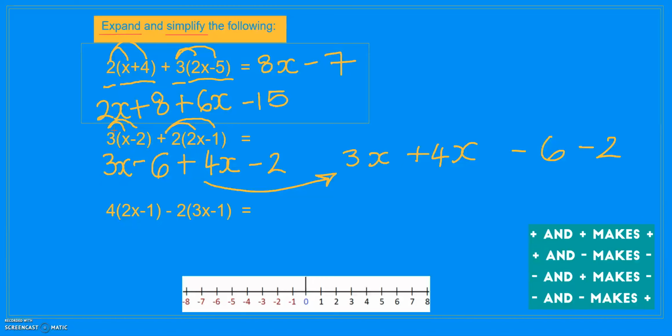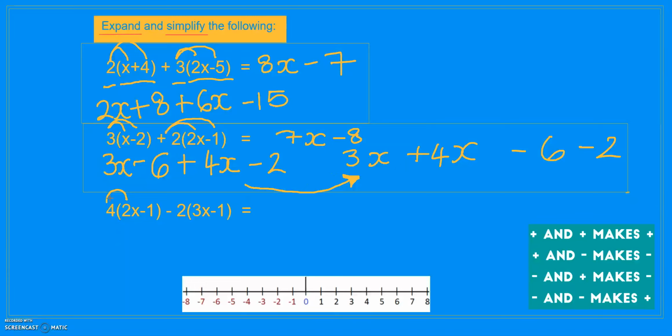You'll get the exact same answer. It'll just be a little bit easier to read, especially if you're slightly struggling. So 3x plus 4x is obviously 7x. Minus 6 minus 2. So if we look over here, it's going to be 1, 2, and that's minus 8. So that's your answer here.